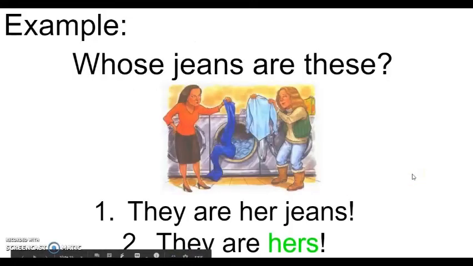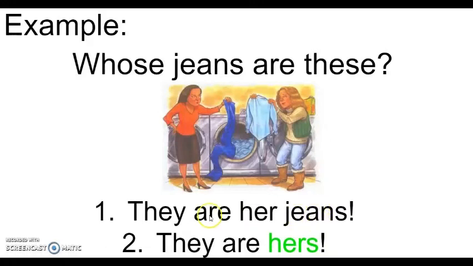So, for example, to the question, whose jeans are these, right? The woman is asking whose jeans are these. So we have two possible options. You can say they are her jeans, I mean the jeans of this woman, or they are hers. Notice the difference.